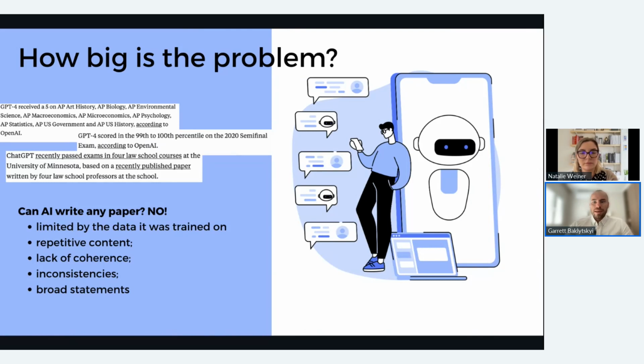And AI-generated text can be visible in many cases, even to a human eye, because it contains some limitations in terms of repetitive content, as the model is limited by a certain number of words it can use to create a response. It can have contradictions, and in many cases, you can notice broad or vague statements.